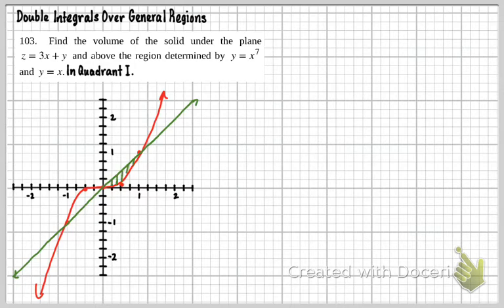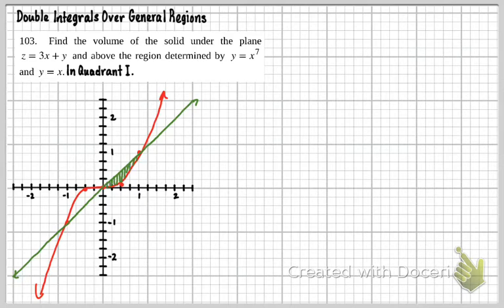Those two bounds enclose that region, and keep in mind this is also in the first quadrant. If I didn't say first quadrant, we would also be including this. But because I said that, this is our only region that we have to consider.